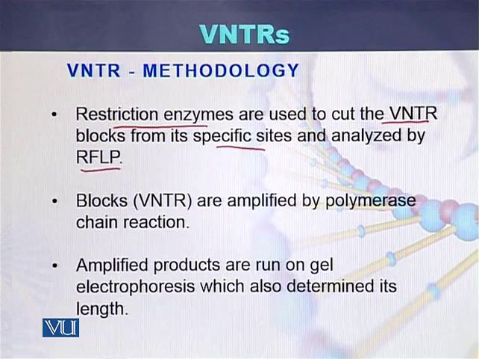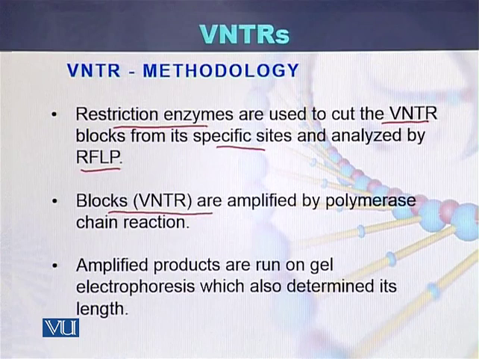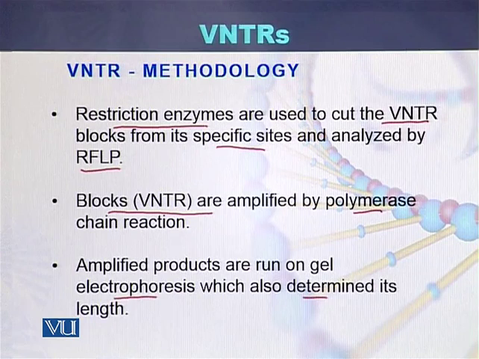So these blocks are cut with the help of restriction enzymes and analyzed with restriction fragment length polymorphism. The blocks called VNTR are amplified by a technique called polymerase chain reaction. The amplified products are run on gel electrophoresis, which also determines the length of the VNTRs.